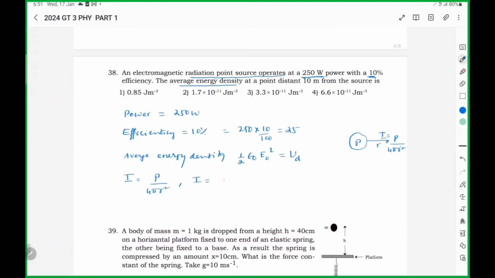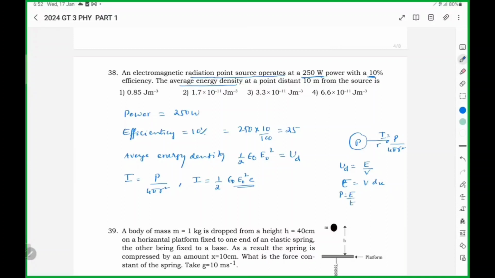Another, intensity in terms of energy, I will write. So here energy density is energy per unit volume. So here E is equal to V into U_D.